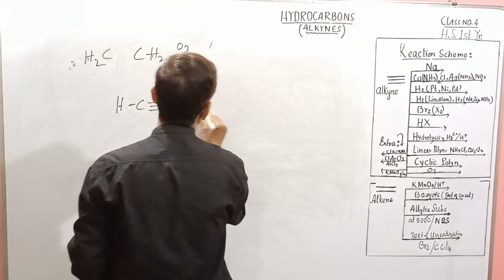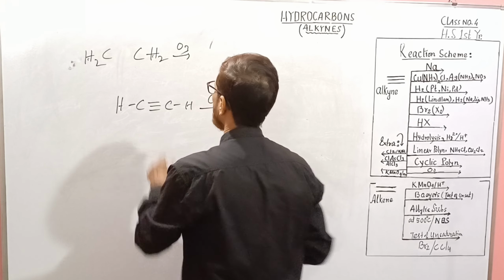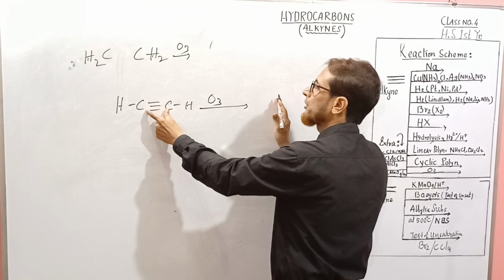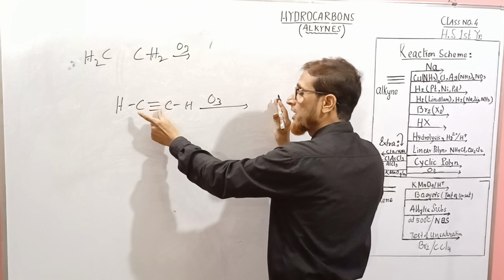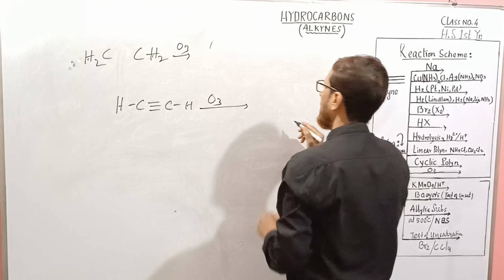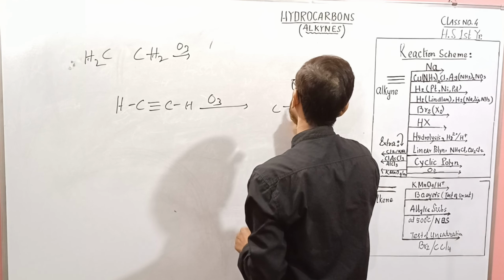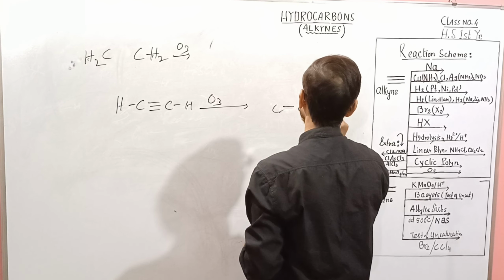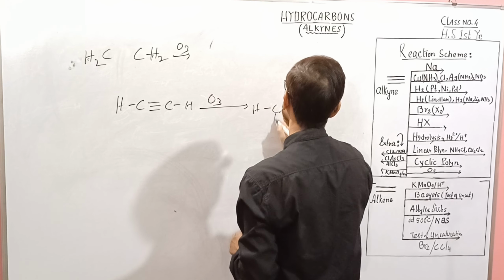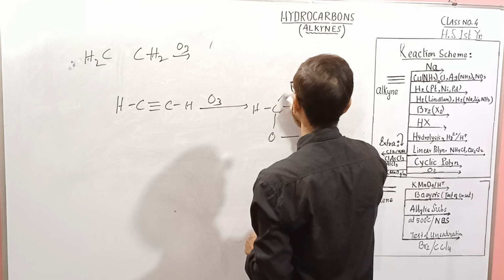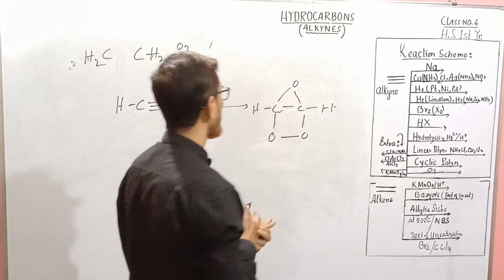You cannot omit it. If there is a double bond, that bond should not be written in ozonide formation. Since there is a triple bond, there will be one single bond between the carbons, and the ozonide will be like this. Am I right?